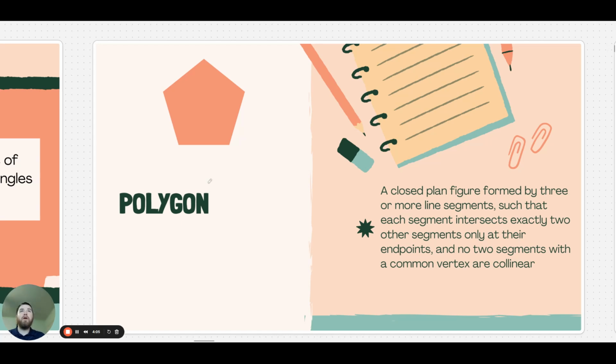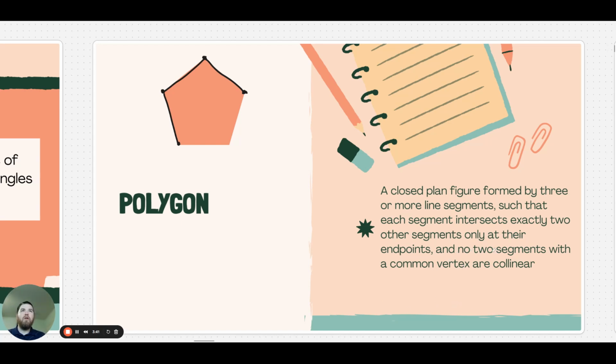Those endpoints we call vertices. So you can kind of see right here, that right here is a line segment. And so it's going to intersect this line segment right here, and it's going to intersect this line segment right here. So that's where this segment is going to intersect those two line segments at their vertices, or their endpoints.